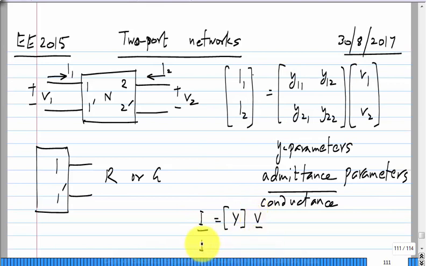So, this looks like if you had a simple element, you would have I equals G times V, where G is the conductance, right. So, this Y parameter is analogous to conductance, okay, and we have other sets of parameters. Any questions about this? So, the calculations, you will have more equations, but it's still a set of linear equations which you should be able to solve, okay. And keep in mind that in this description, for the two port, we have passive sign convention, right. We have V1 and I1 going into that, and V2, I2 going that way, okay.